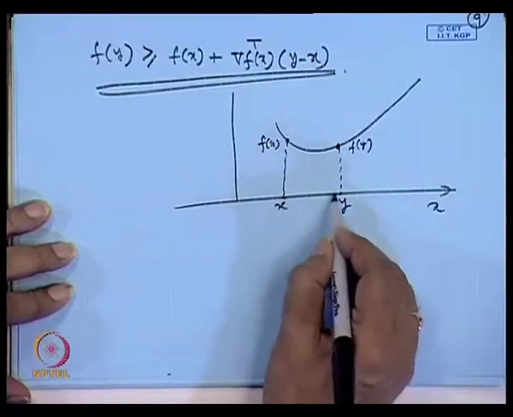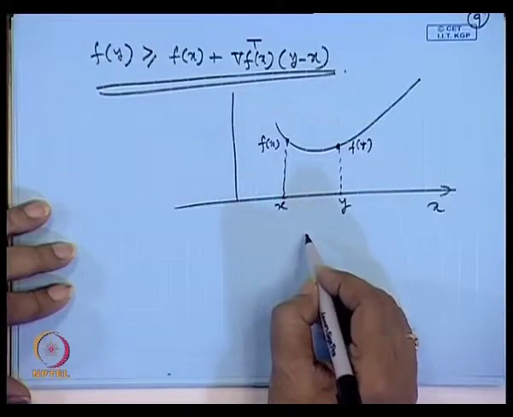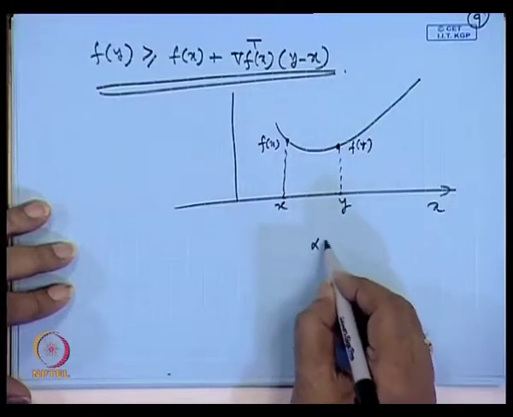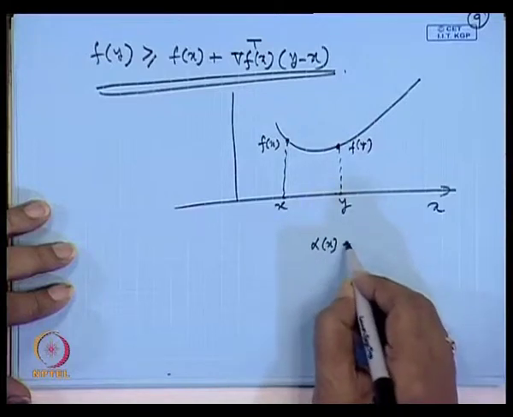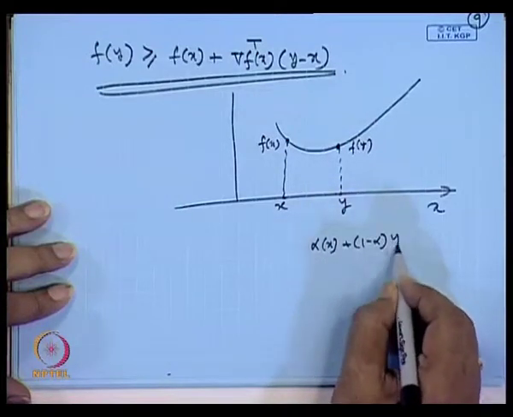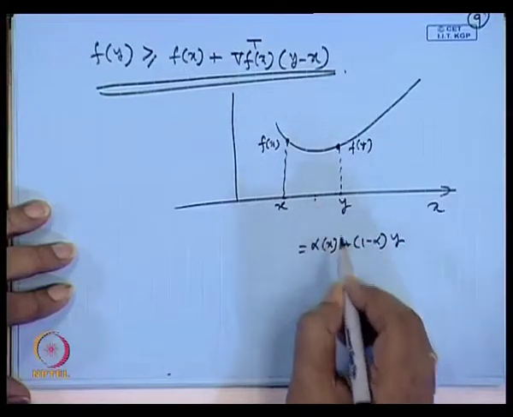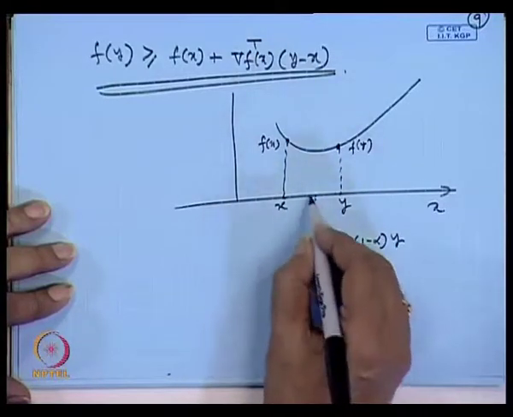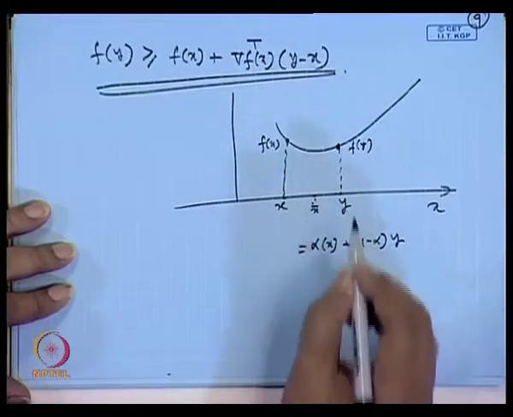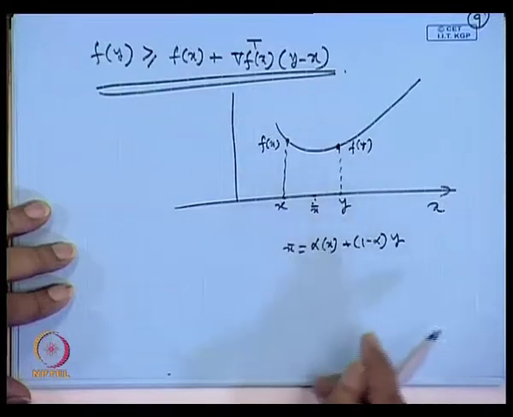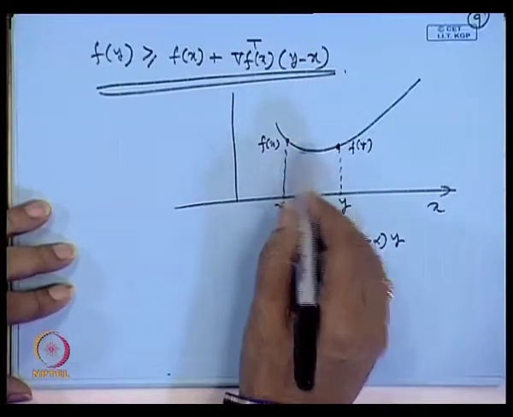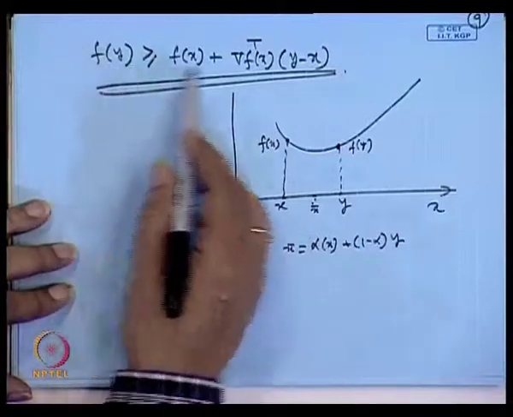Any point in this range we can express by the convex set definition, alpha into x plus 1 minus alpha into y, any point on this. Let us call any point on this x bar. Okay. So now see, what is the meaning of that?